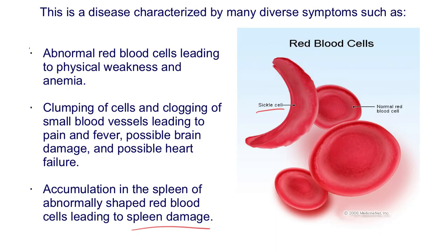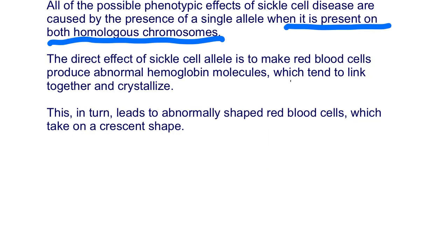So one gene affects all kinds of phenotypes, such as damaged tissues and organs. Okay, sickle cell anemia. I don't really know what letters to use. I'll use A, little a.